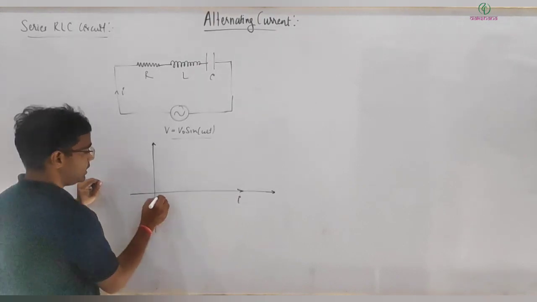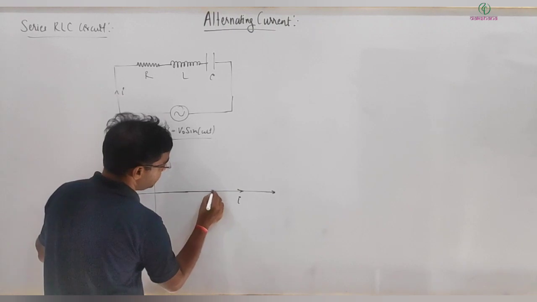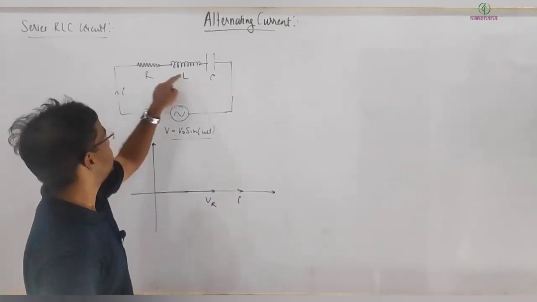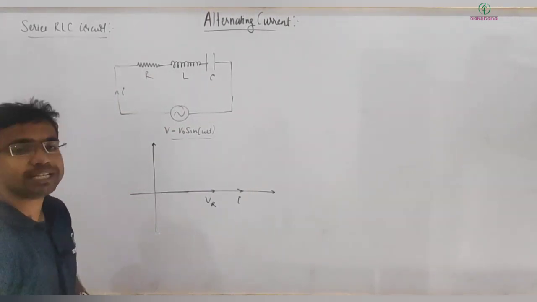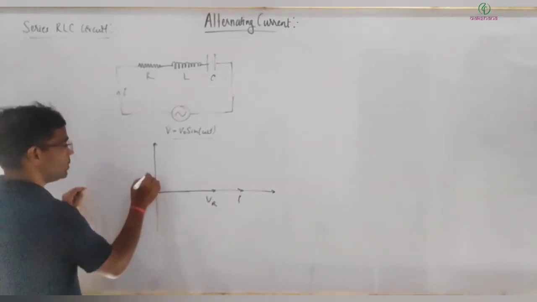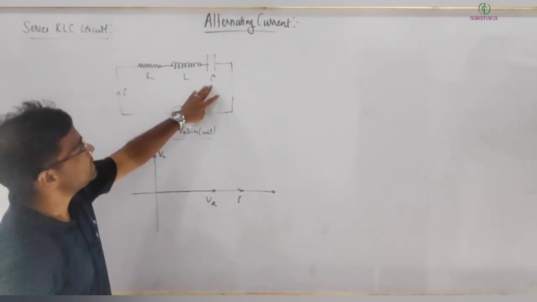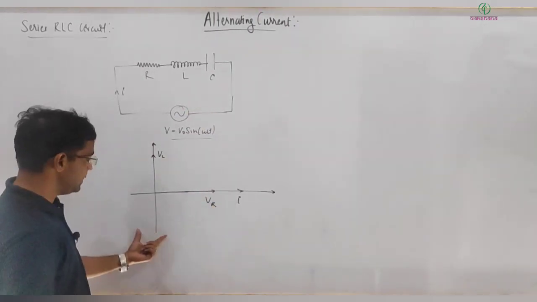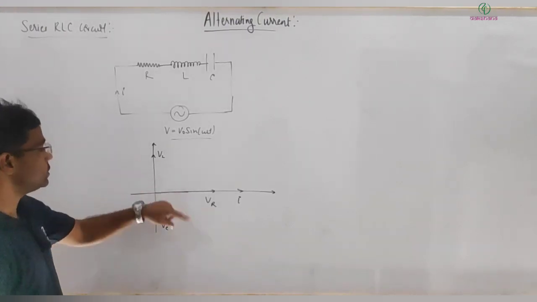Then the potential drop across the resistor, VR, will be in the same phase as I. If I is the current in this circuit, then what about the potential drop across the inductor? The potential drop across the inductor leads the current by 90 degrees, so VL will be here, and the potential drop across the capacitor lags the current by 90 degrees, so VC should come here. So this is your phasor diagram.